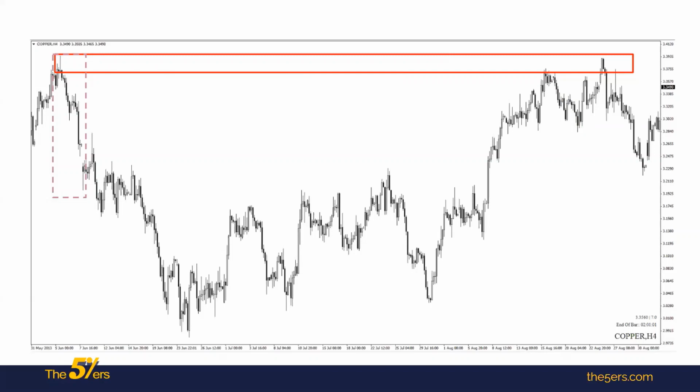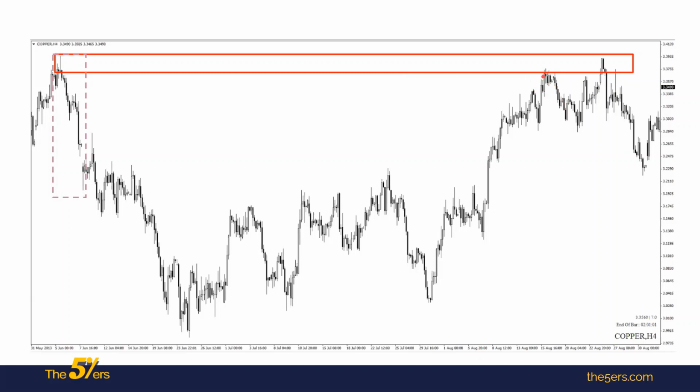We can't expect that every time price goes and hits a fresh supply or demand zone, it will actually reverse the trend, but it will create a reaction. This is what we can expect from the market. If it's going to evolve into a reversal, it's not yet to be said.